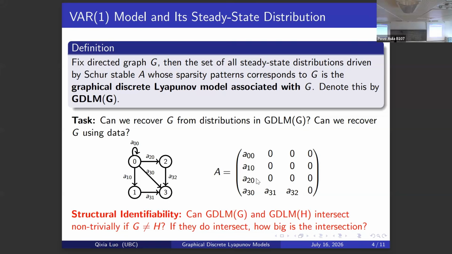Because maybe as long as the intersection is not too big, then in practice, most of the time, when you're given a distribution from GDL(G), it can only come from G.